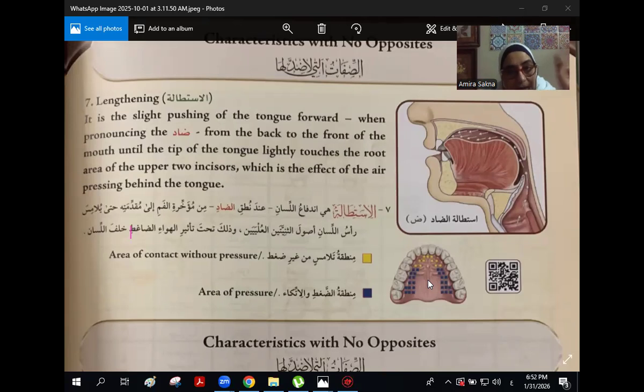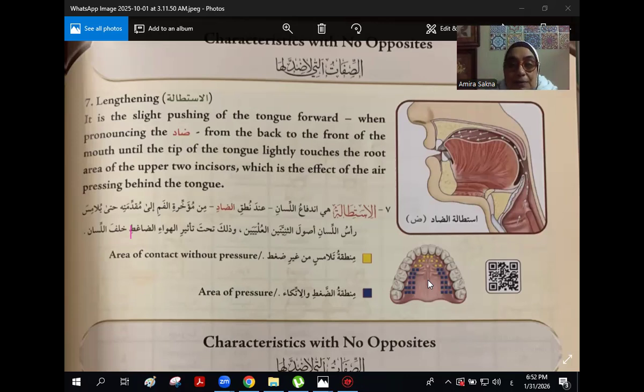If you articulate the Arabic letters properly from their articulation point, from their makhraj, all the characteristics you will have automatically, without doing any effort. Okay?